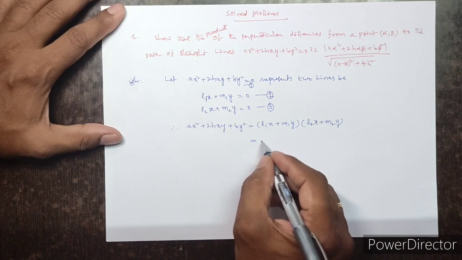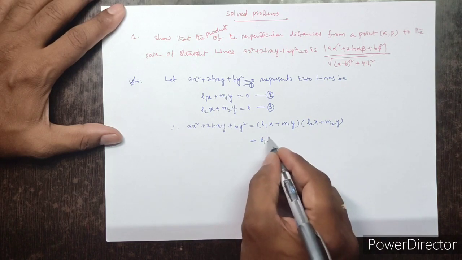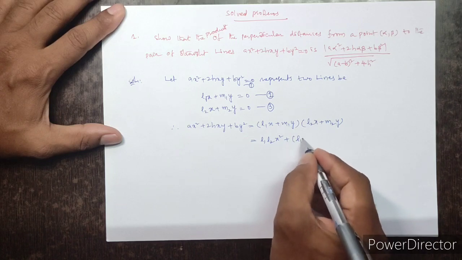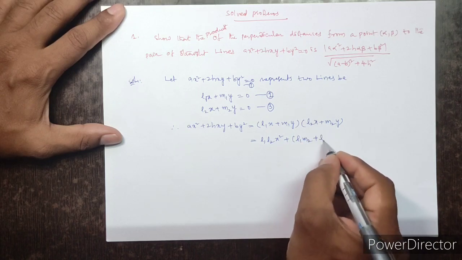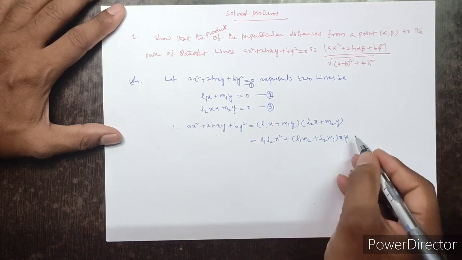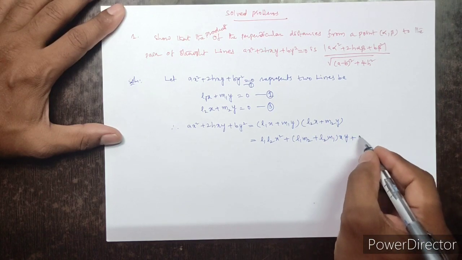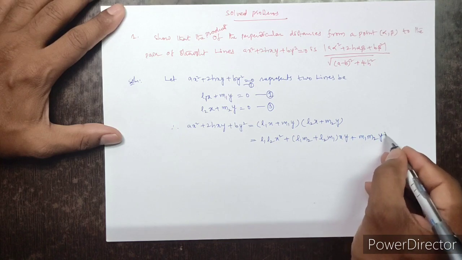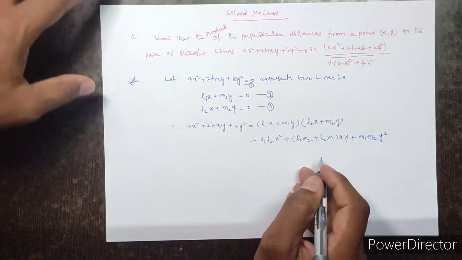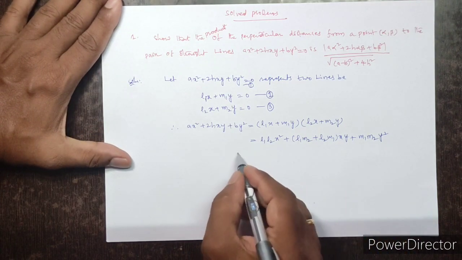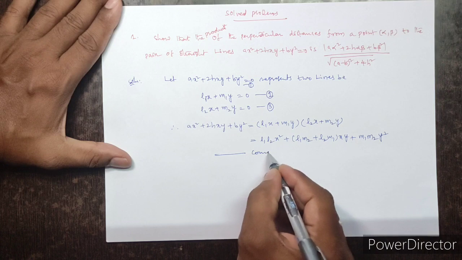Once again, L1 L2 x square plus L1 M2 plus L2 M1 of xy plus M1 M2 of y square.